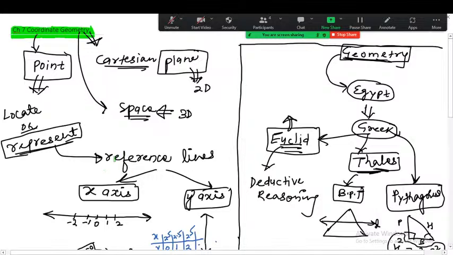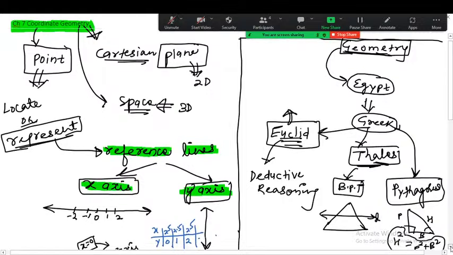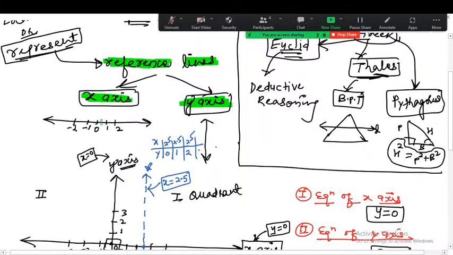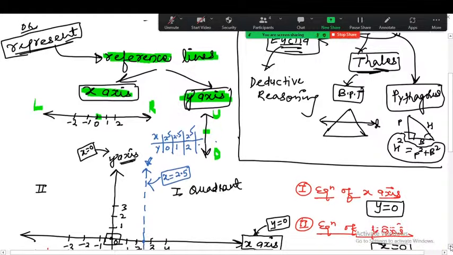For the same, we make use of reference lines, and those reference lines are the horizontal x-axis and the vertical y-axis. It is equivalent to the number system: it starts with 0, towards left it is negative, and towards right it is positive. Same with the y-axis: upward it is positive, downward it is negative.